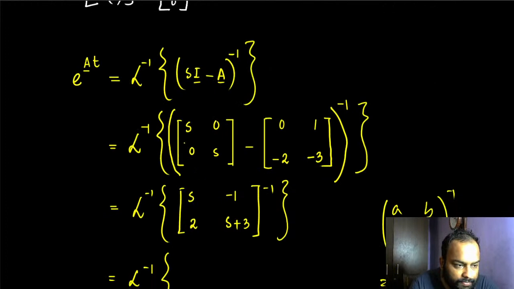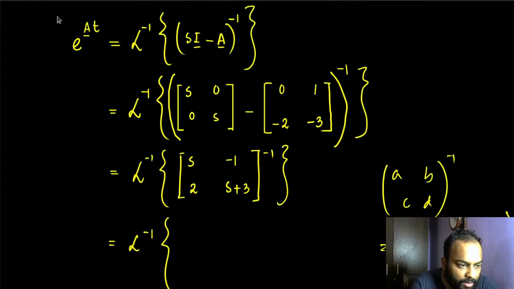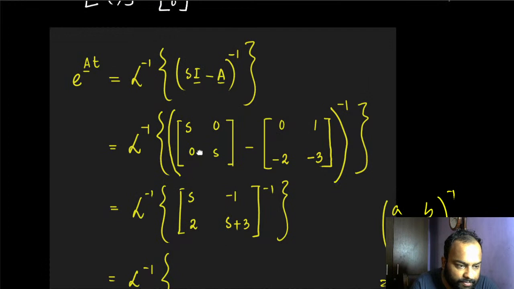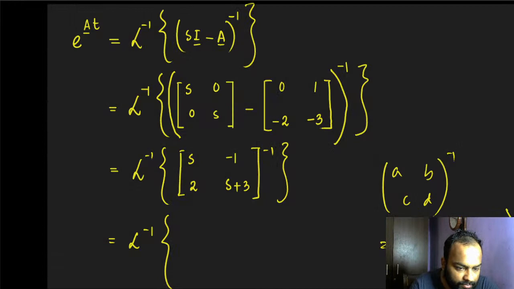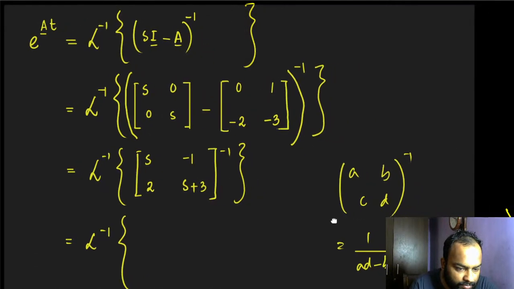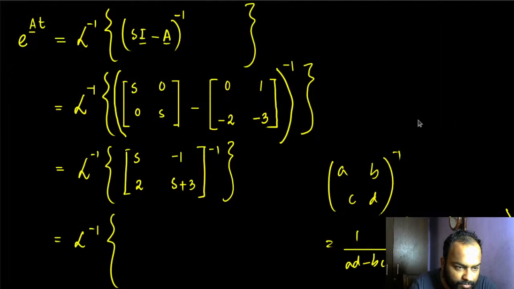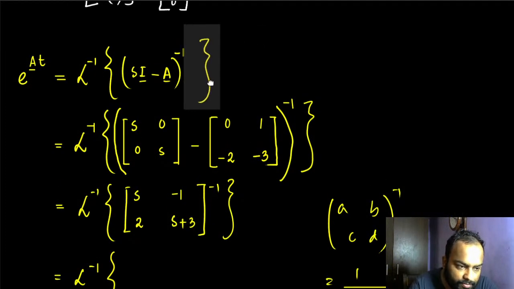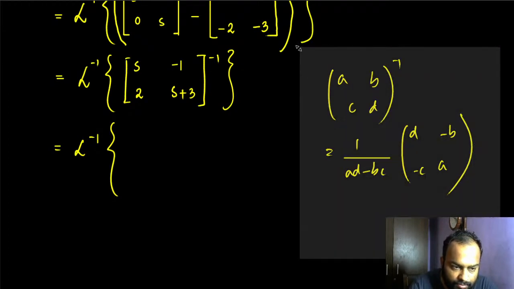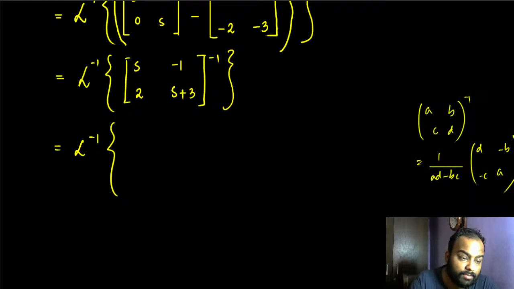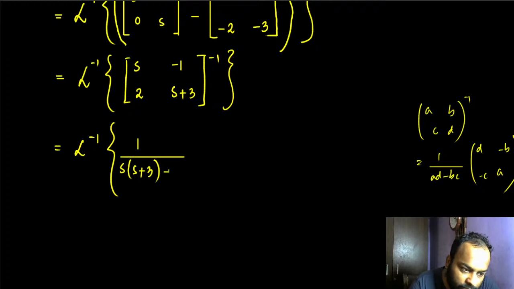So this is going to be 1 divided by the determinant, which is s times (s plus 3) minus (minus 1 times 2), so that's plus 2.